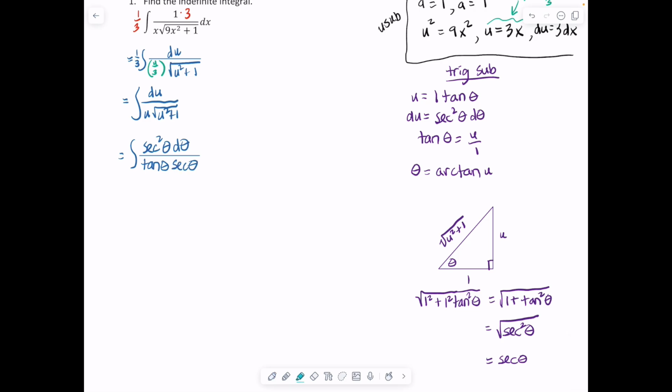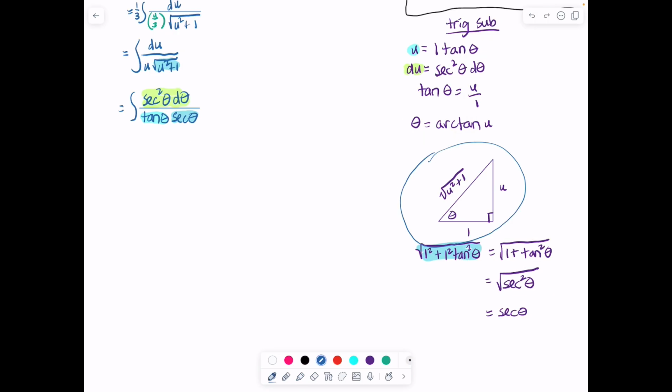So this is how everything was matching up. We had our a squared plus u squared situation, or u squared plus a squared, however you want to say it. This guy here was equal to secant theta. Our du was secant squared theta d theta, and then our u was just tangent theta.